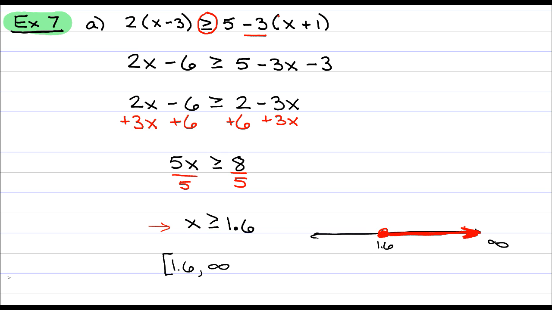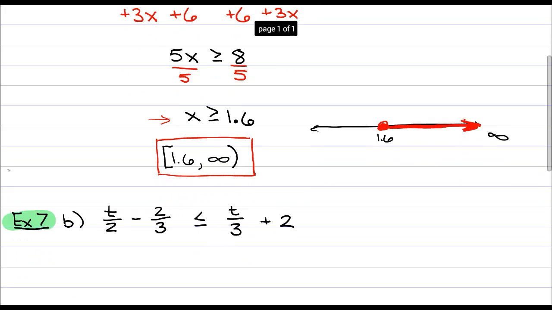I would use a parenthesis if it wasn't included, and in fact around the infinity I put a parenthesis. The reason for that is somewhat technical, but the idea is that infinity is not a real number. You never actually get to infinity, so we don't actually include it. So this is the answer to this inequality in interval notation.